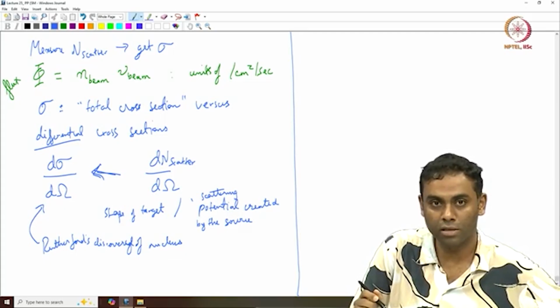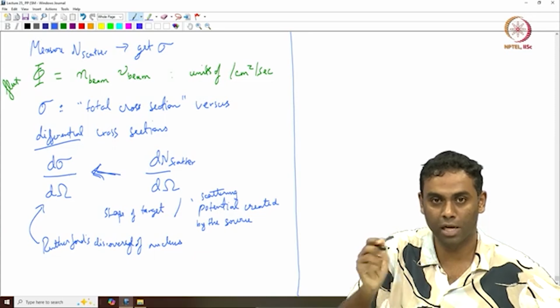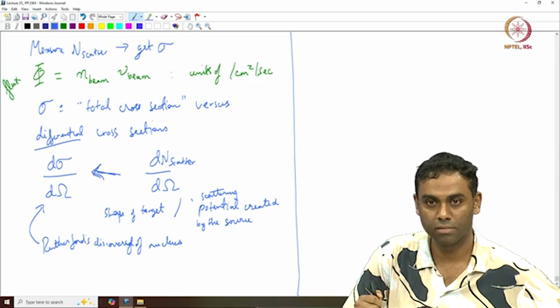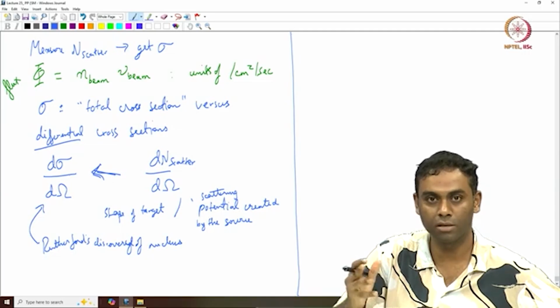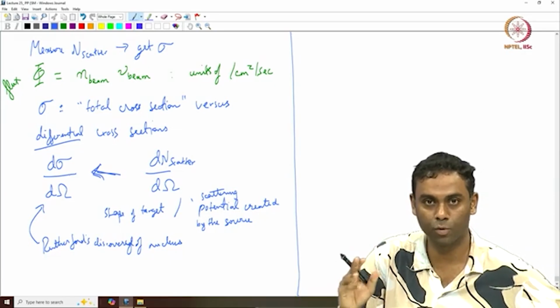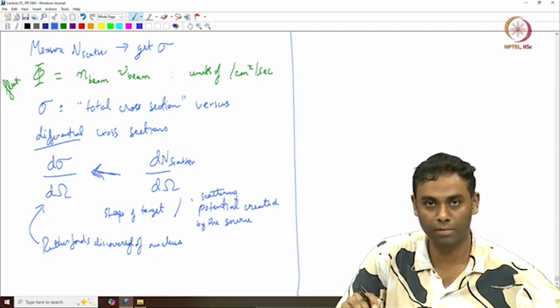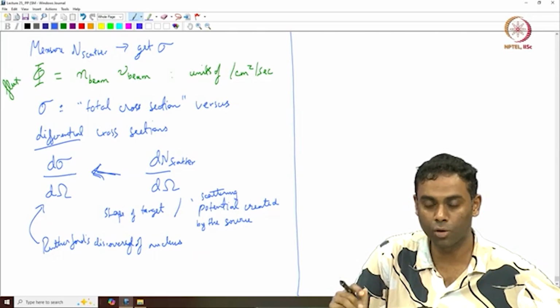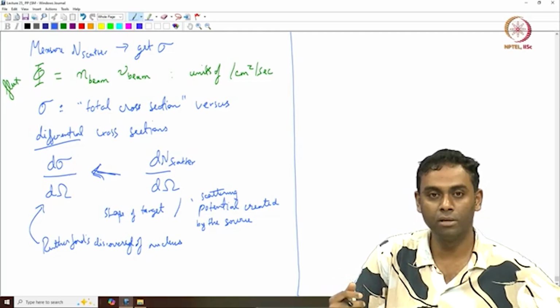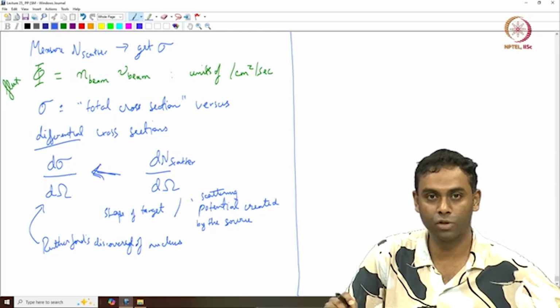Because he saw that, among other things, some of the alpha particles were actually scattering back in the backward direction, which showed that there was something in the middle of the atom that had a very strong Coulomb repulsion. Right? So this is how he was able to assess the scattering potential of the target that he was studying.